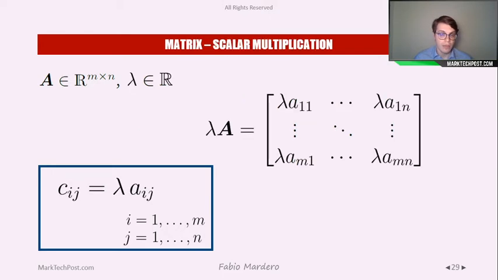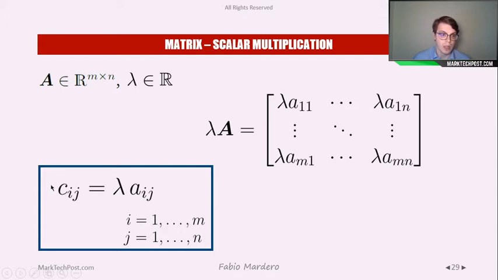We can define another operation, that is scalar multiplication. We take one scalar, one real number, and a matrix. Then the scalar multiplication between lambda and the matrix A is the element-wise scalar multiplication.